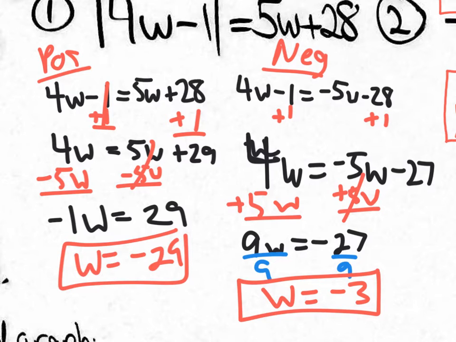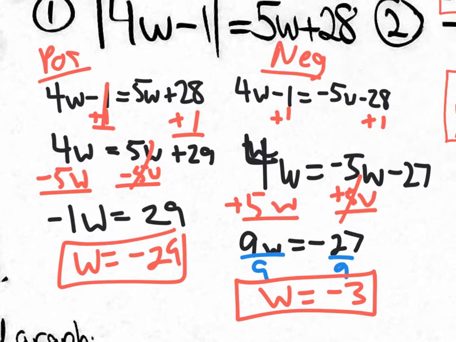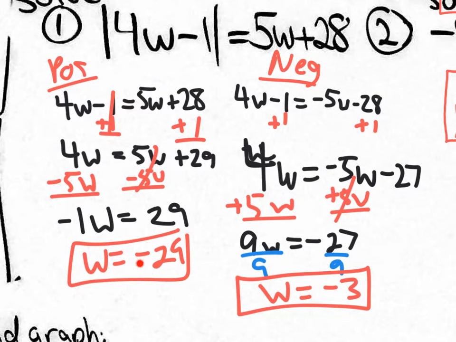And we could just walk through it or even think about it very logically. Check this out. Let's say I wanted to think of this negative 29, yeah? If I think negative 29 right here, 5 times negative 29, what kind of number is that going to be? It's going to be huge, but negative, correct? That's going to be like negative 145, right?